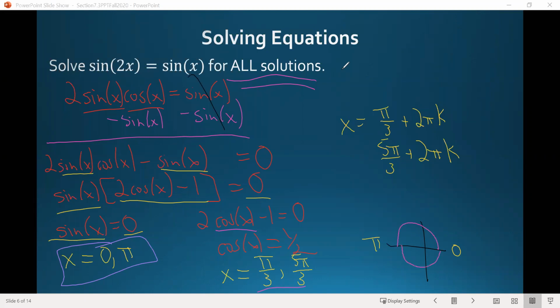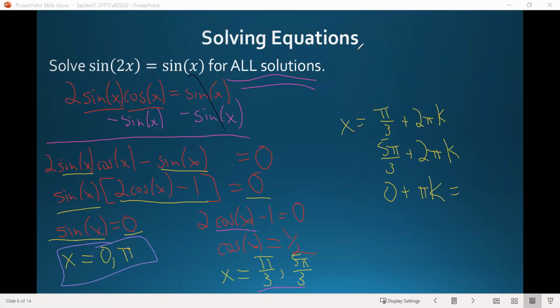And if I go a distance of pi from there, I'd end up at another solution, and then another distance of pi, another solution. I could keep going around. So it looks like if I start at 0 and just add multiples of pi, I'll get to solutions every time. So in that case, instead of 2 separate solutions, I could write my second solution as 0 plus pi times k.